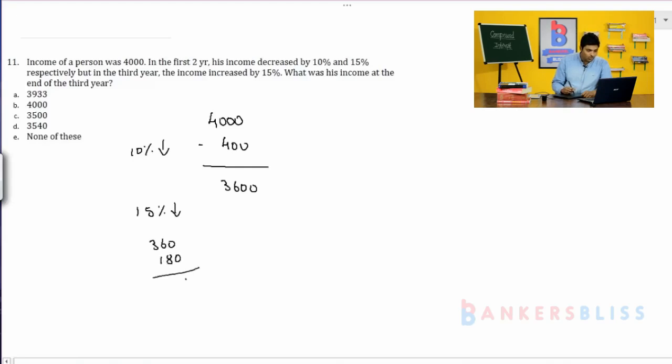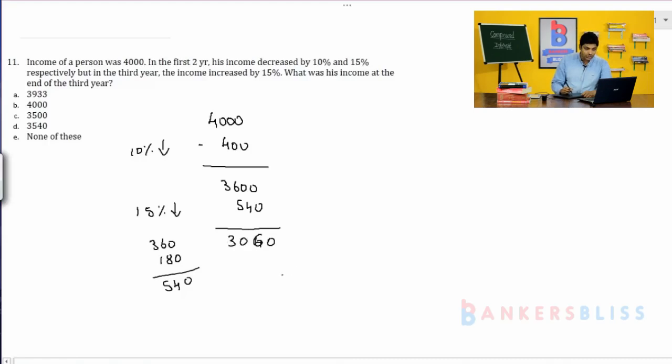So altogether how much are you going to get? You are going to get 540. So you subtract 540. So how much are you going to get? 60, here 0, 3. So 3060.